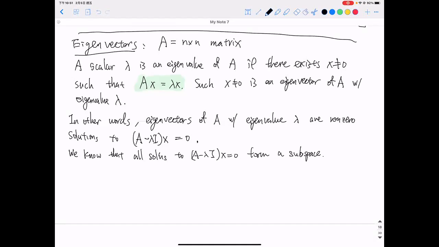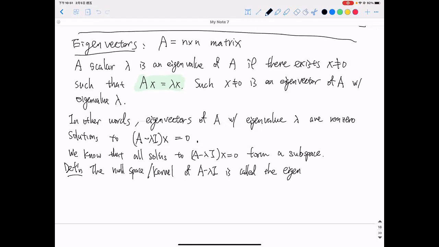Now the definition is the following: the null space or kernel of A minus lambda I is called the eigenspace of lambda.